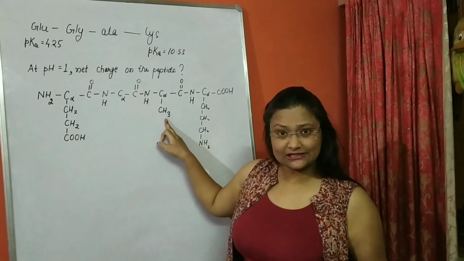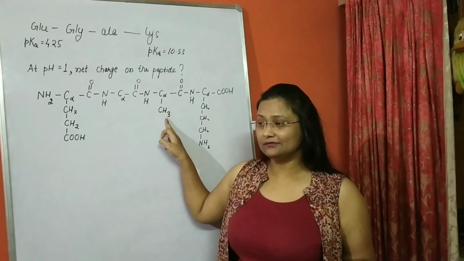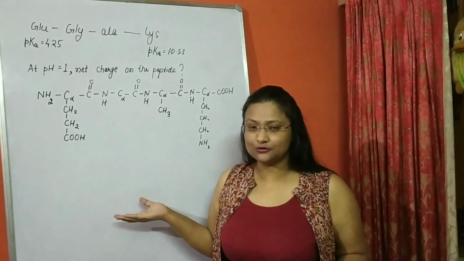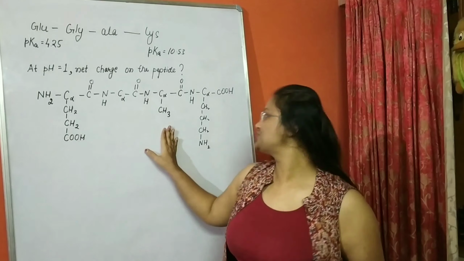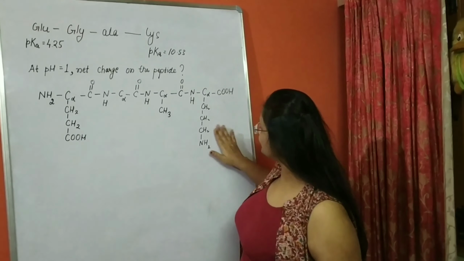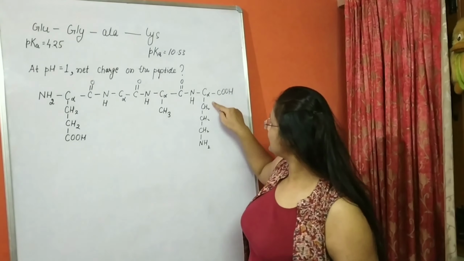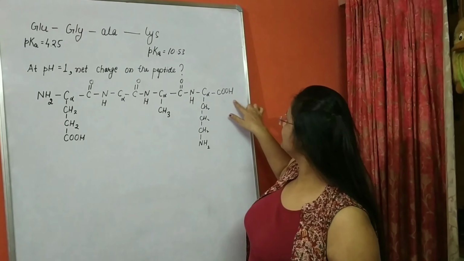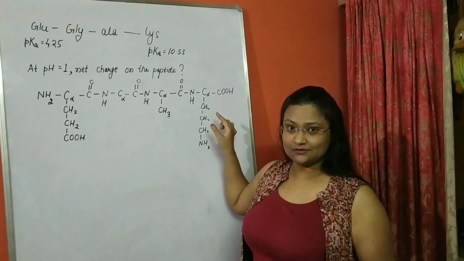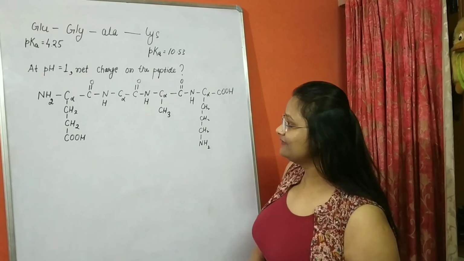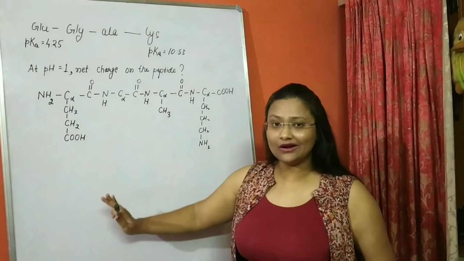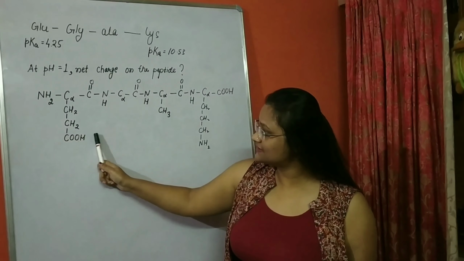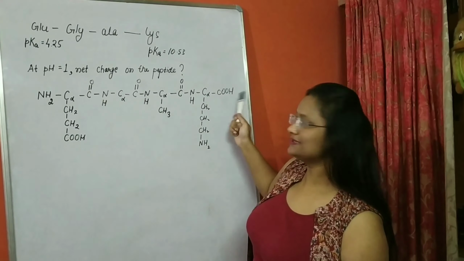Alanine has a CH3 group, which is aliphatic; it does not have any functional group, so it also does not have any charge. But lysine has this side chain with a charge. And the COOH group is also chargeable, ionizable. So we will find out one by one: first the NH2, then this COOH, then this NH2, then this COOH.